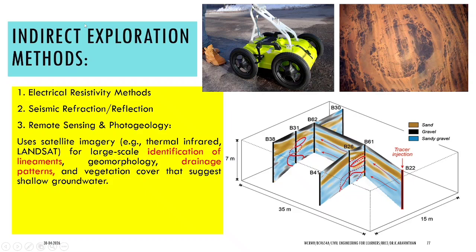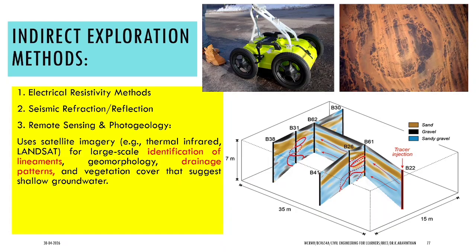Using remote sensing and photogeology, you can identify the lineaments and fault zones, geomorphology, and natural drainage pattern. If you find the drainage pattern, the groundwater also has a drainage or seepage pattern. These patterns can be identified by remote sensing.